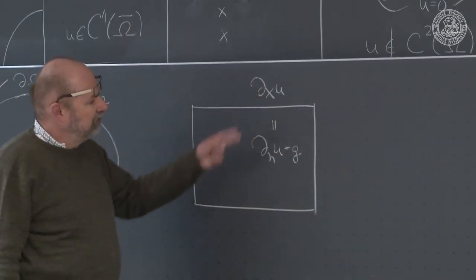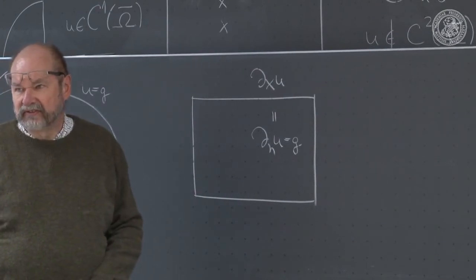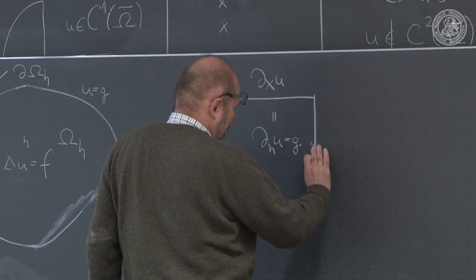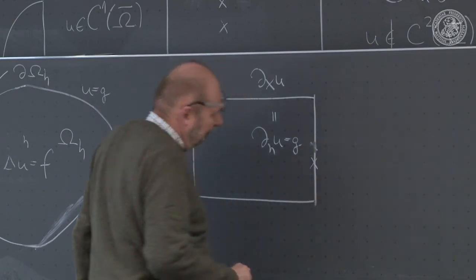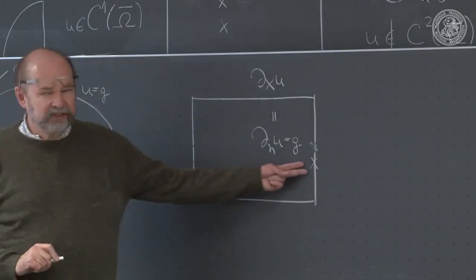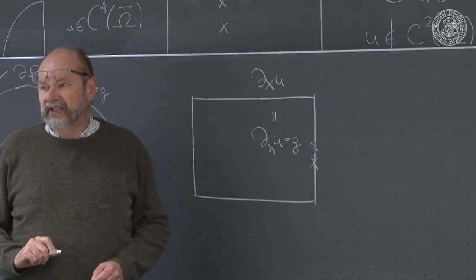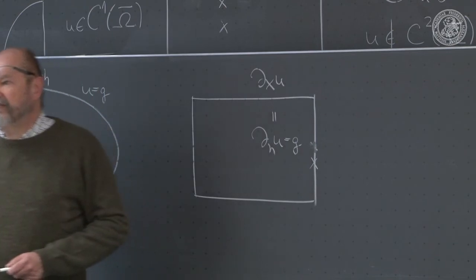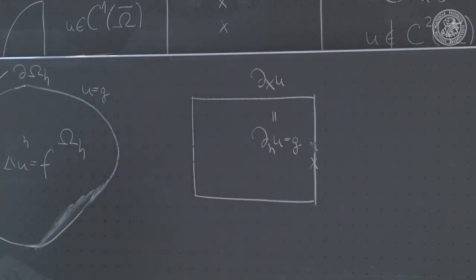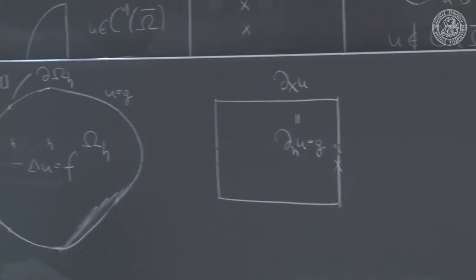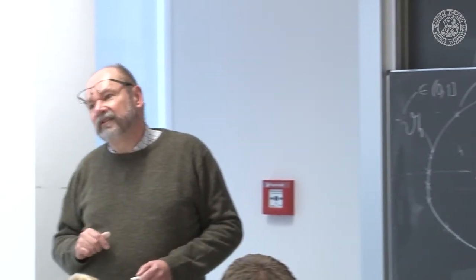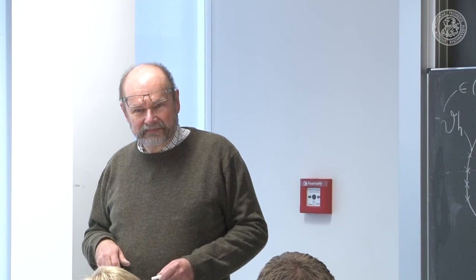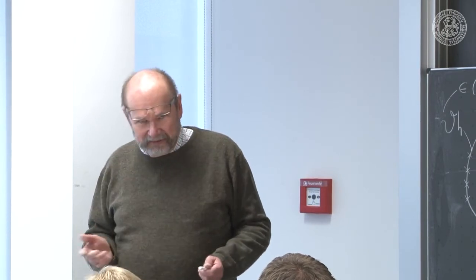So we need a means to approximate the x derivative. What approximation can I take for the x derivative? We have seen three. Which of the three do you think we can choose? We've seen backward, forward, and central. Backward.